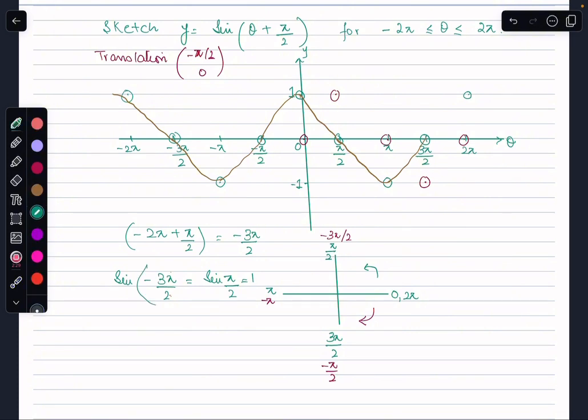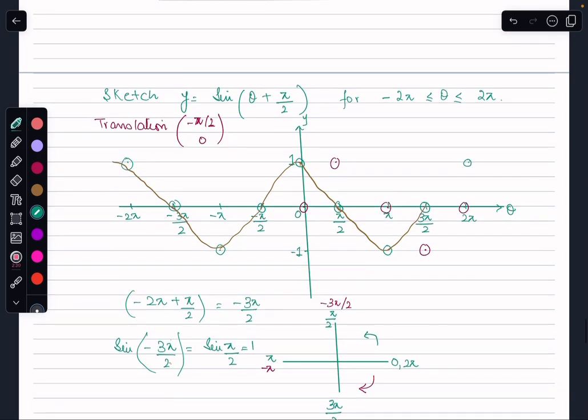So with theta as negative 2 pi, I should be getting a positive 1 here, and I can see that my graph is just translated backwards. This is going to be the first cycle of my graph here.